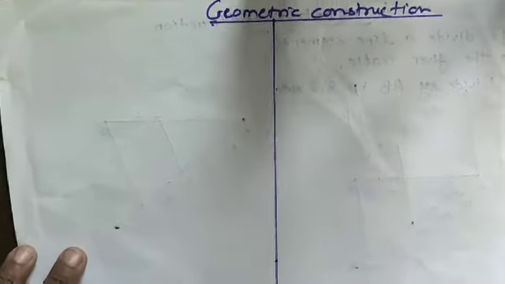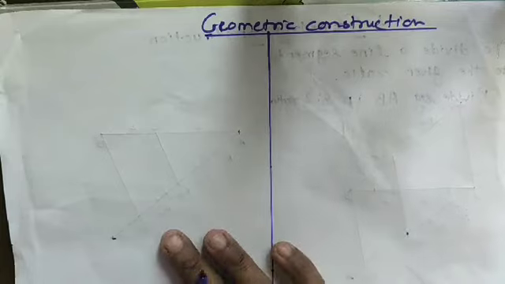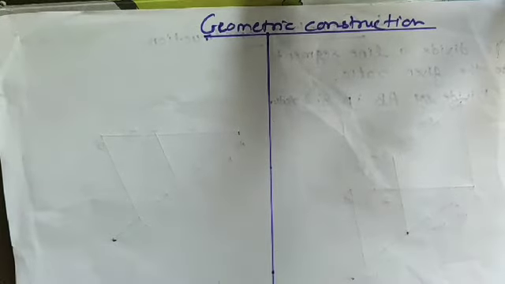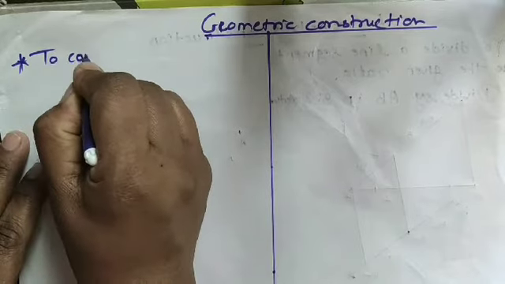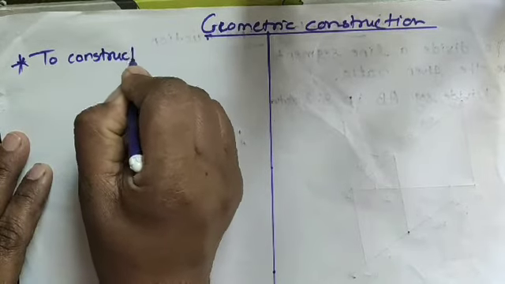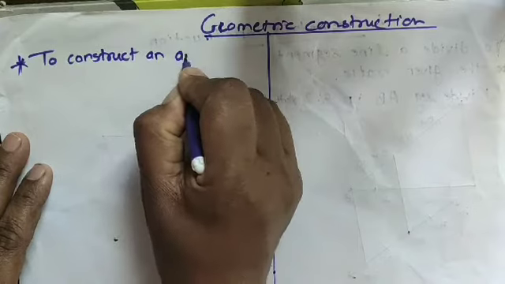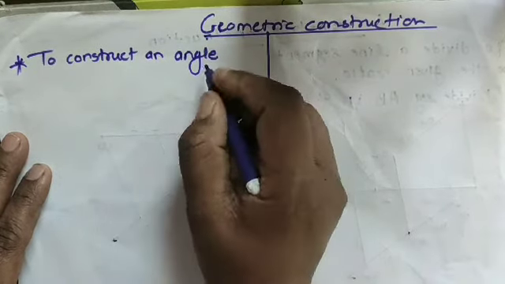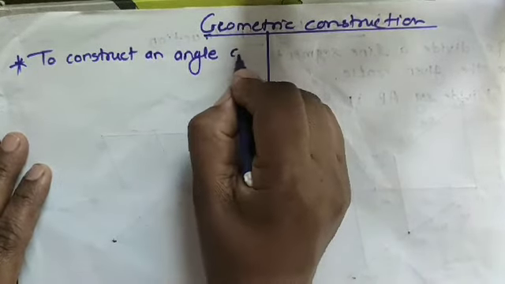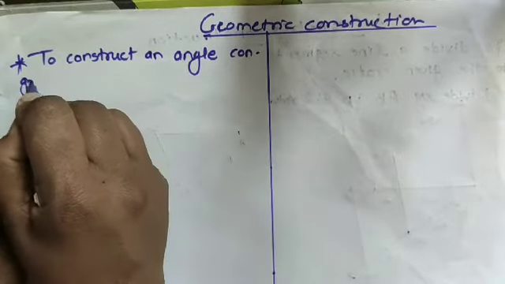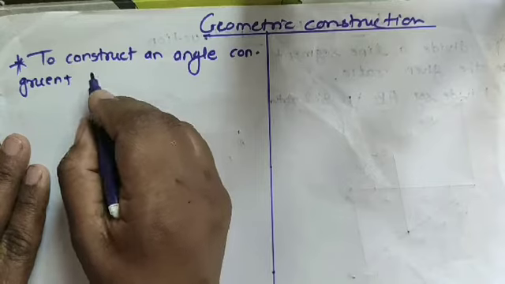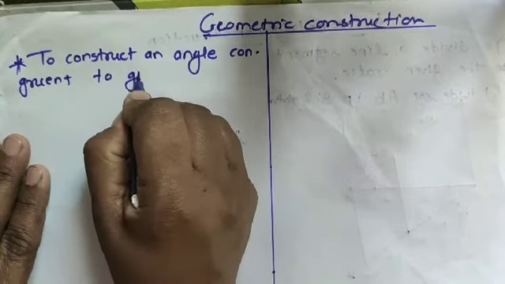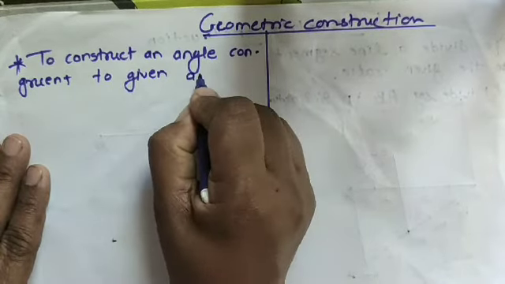Geometric constructions inside, we are looking now at the next heading: to construct an angle congruent to a given angle.